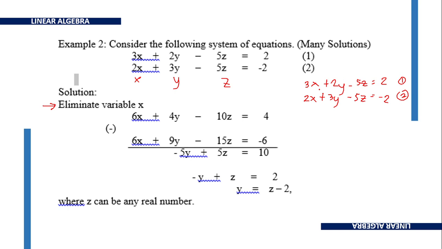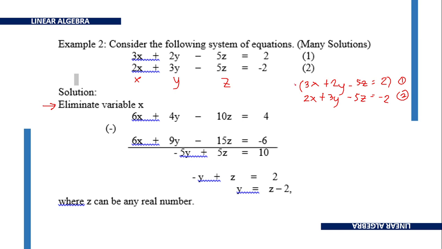The coefficients are different. Sometimes you can multiply just one equation, and you can also multiply both equations. So how do we eliminate? We can multiply both equations by a specific real number.